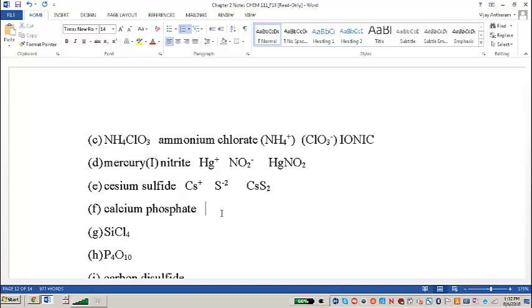Calcium phosphate. Calcium is going to be +2. How do I know that? It's in group 2 of the periodic table. Phosphate. All right, this really is a test to see who knows their flashcards. Phosphate is PO4-3. This is what we call a polyatomic anion. So PO4 has gained 3 electrons.